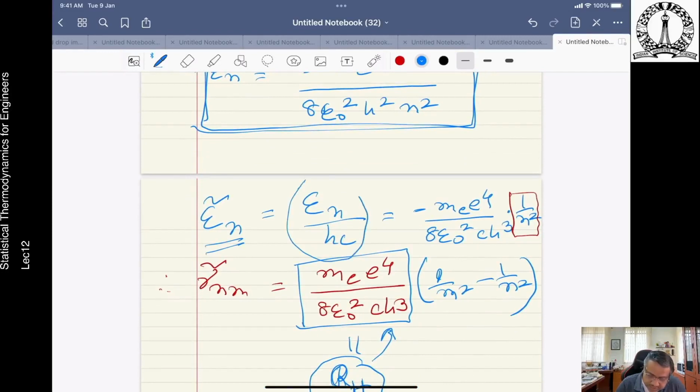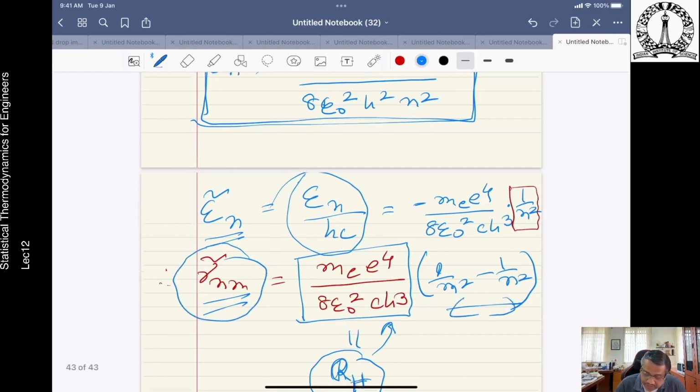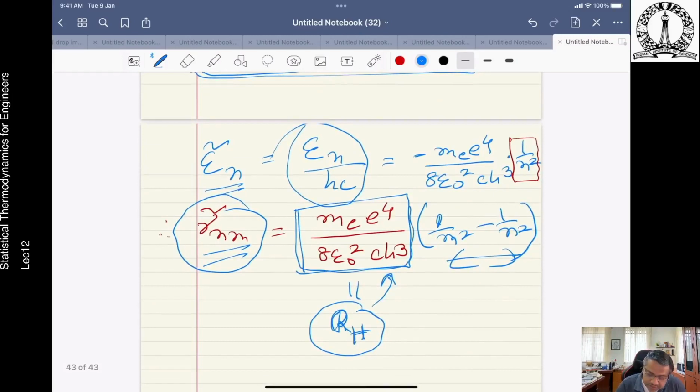When you normalize the energy, it comes into the wave number space, and then you find the wave number for an allowed transition. So this constant that sits in front should be the Rydberg constant, and this is exactly what it is, because this matches with experimental data.